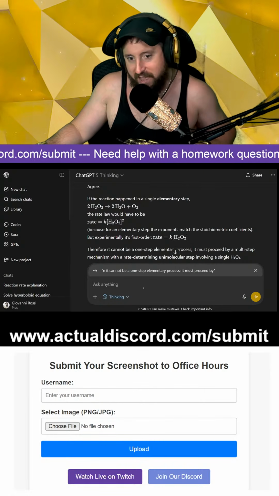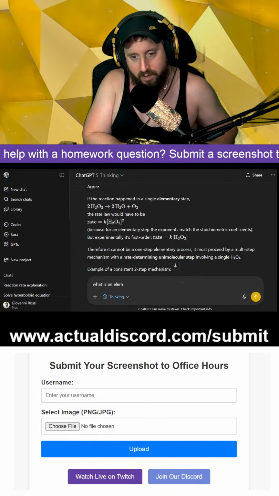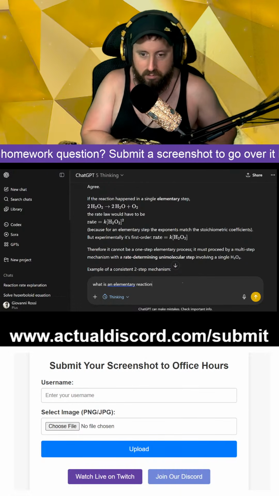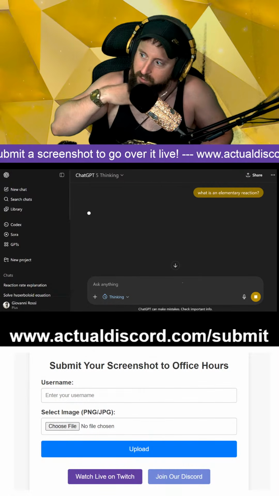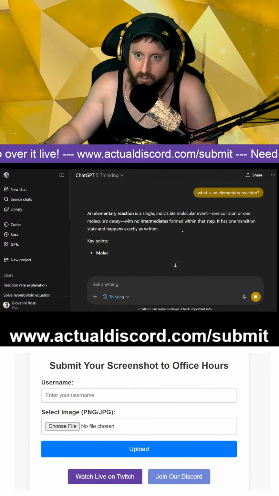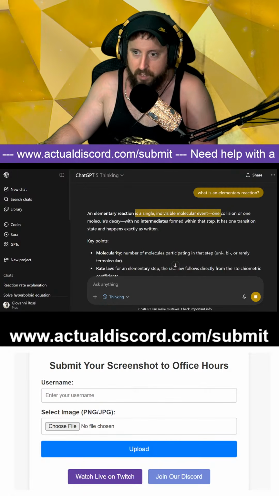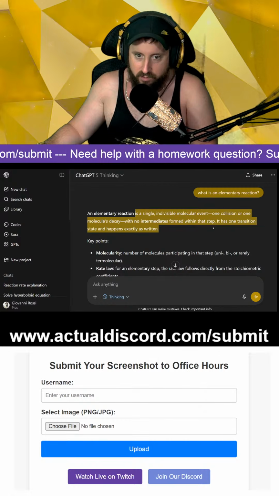Okay. So then let me ask, what is an elementary reaction? I'm just curious what defines whether it's an elementary reaction or not. A single indivisible molecular event, one collision, or one molecule's decay with no intermediates.